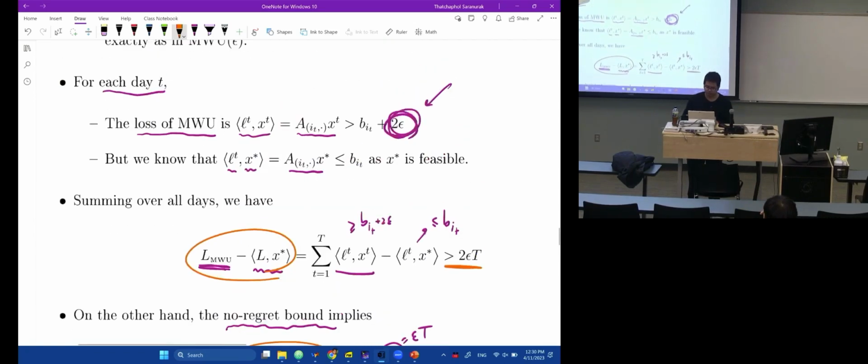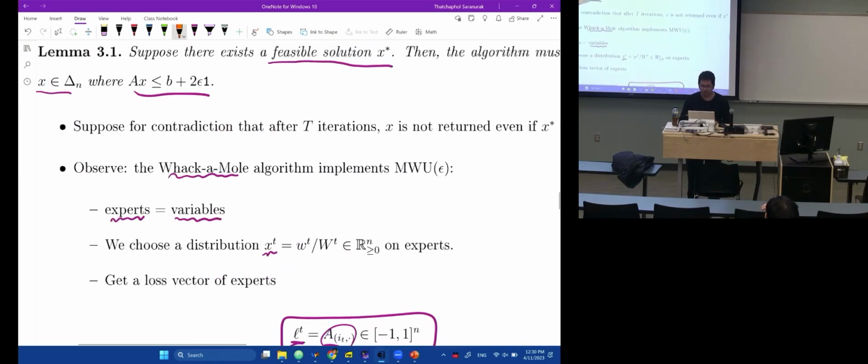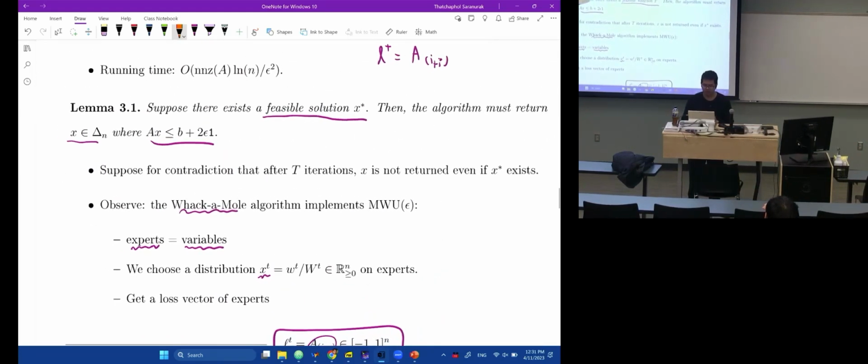Okay. So you see that if there is some feasible solution, then the algorithm must return some x such that you satisfy all the constraints up to additive epsilon.